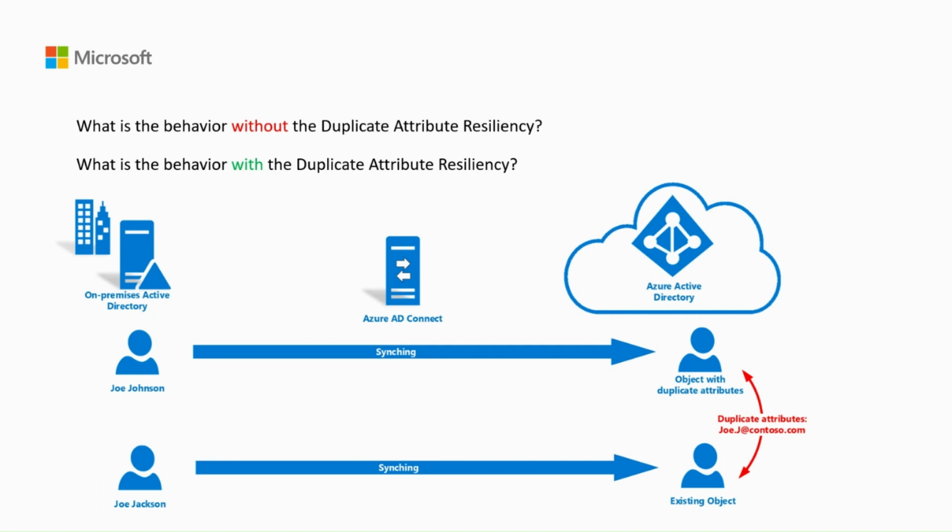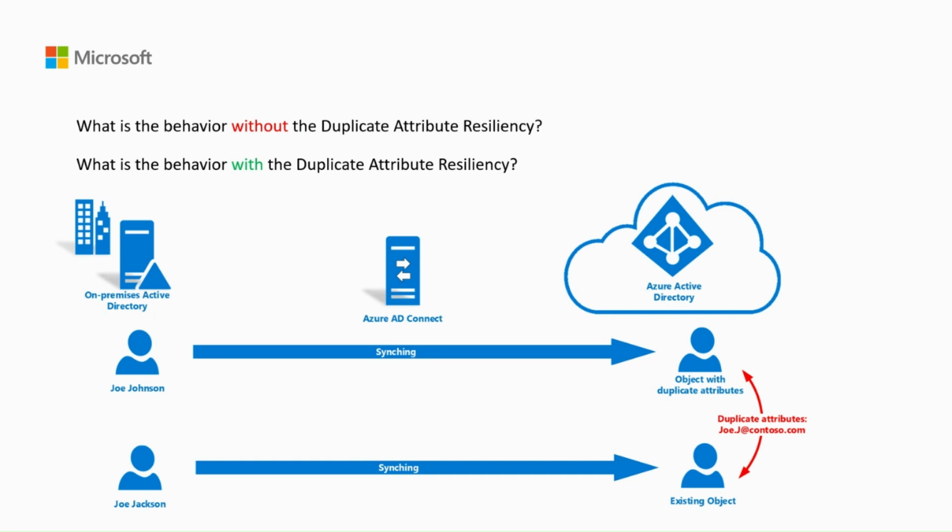Now, with the duplicate attribute resilience feature, instead of completely failing to provision or update an object with a duplicate attribute, Azure AD quarantines the duplicate attribute which would violate the uniqueness constraint. If this attribute is required for provisioning, like UPN, the service assigns a placeholder value.